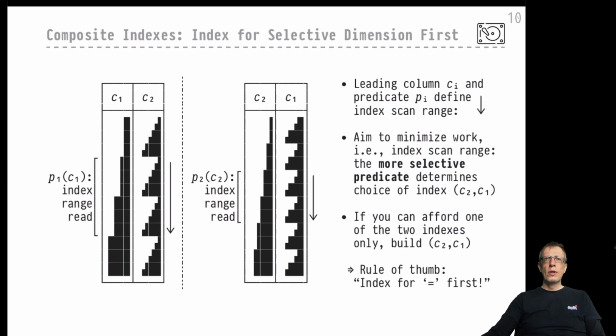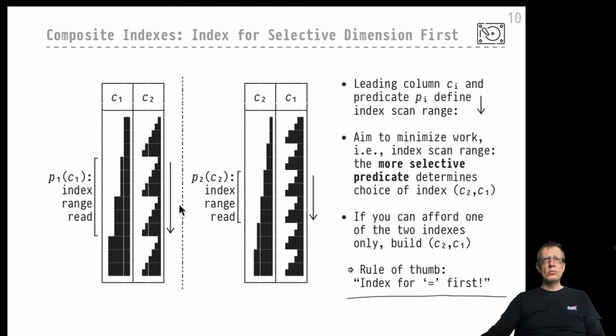So there's a rule of thumb. If you have to create composite indexes for the support of predicates, and you are left with the task to decide the order of columns in such a composite index, then that could be a good rule of thumb.